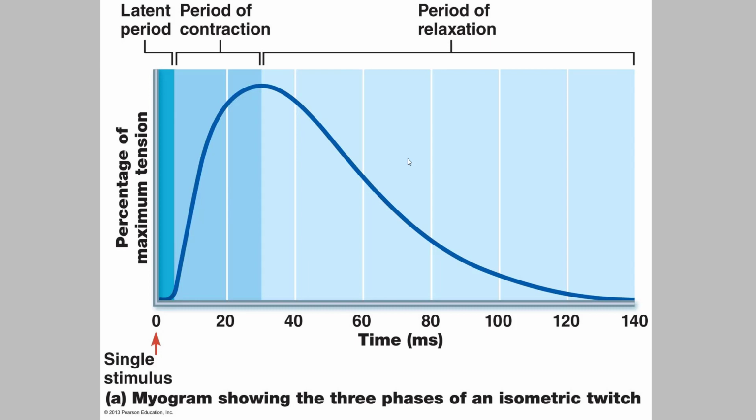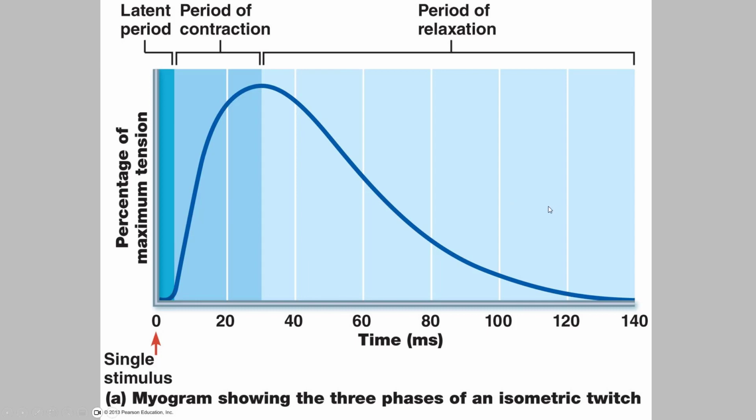So here's something else we kind of talked about in lab a little bit, and this is, how does a muscle cell respond to a single stimulus, a single bit of electrical activity from a neuron? And this is really not something that happens in the body.